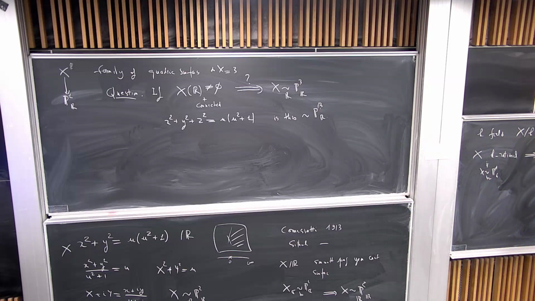Implies, well, that implies that X is CH_0-trivial. So we did this. So you have to know what is the Chow group of a variety.